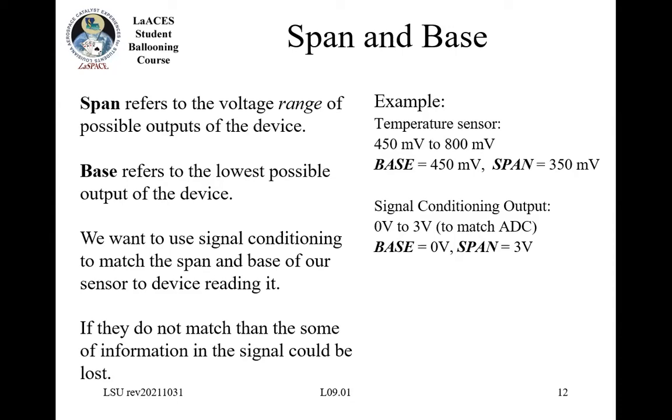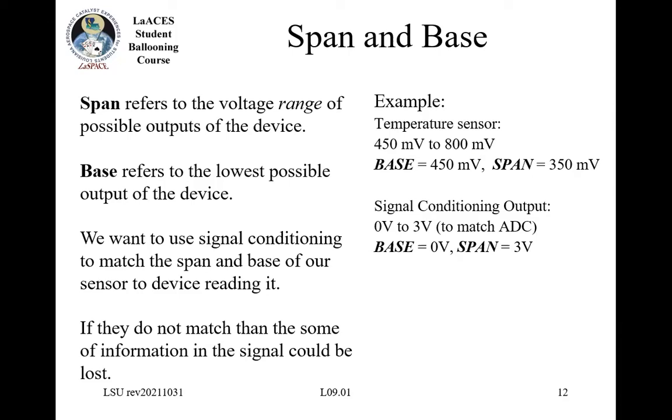So the sensor has a base of 450 millivolts, or 0.45 volts. That's the minimum value. The span, which is just the max minus the minimum, is 0.35 volts. Whereas the circuitry, the ADC that we're going to read it with, the thing we're going to use to record numbers of that voltage, goes from 0 to 3. So the base is 0 and the span is 3.